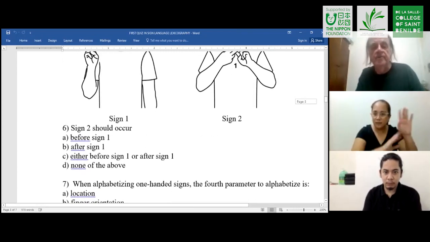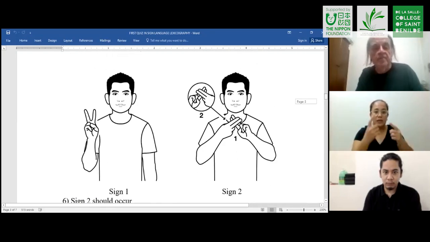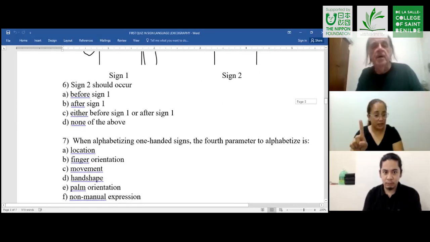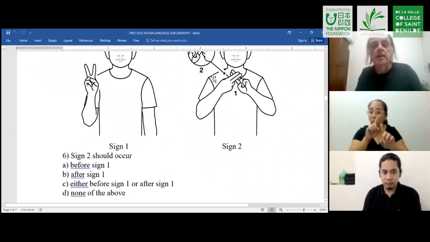The correct answer would be because it's a one-handed sign, and one-handed signs should occur before two-handed signs. Does that make any sense?